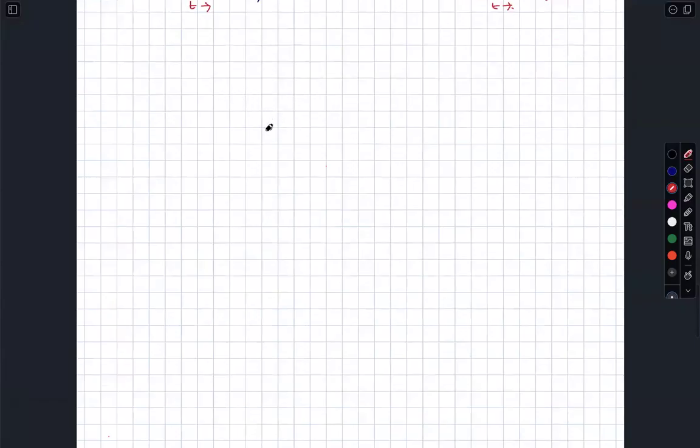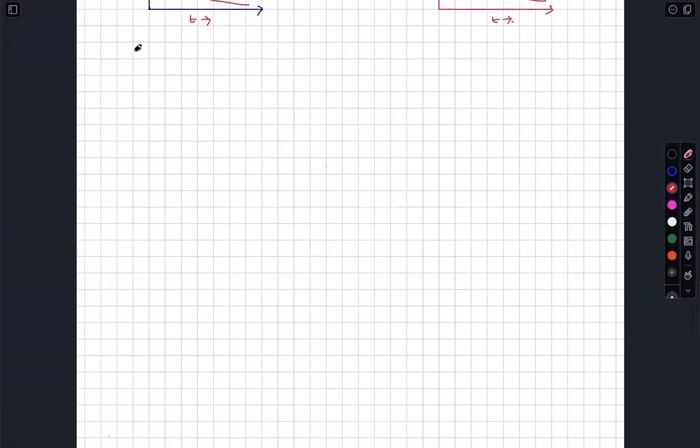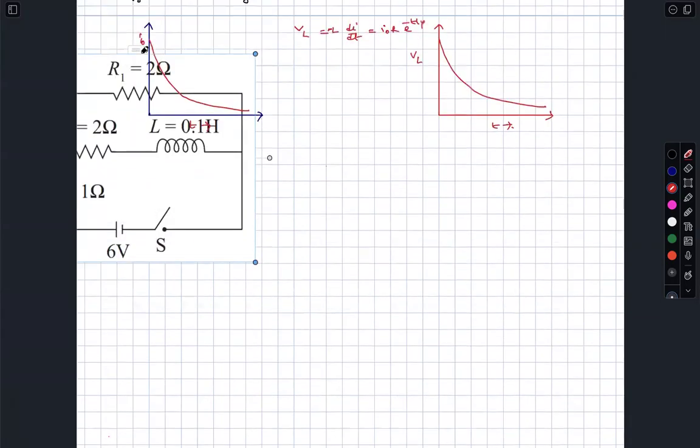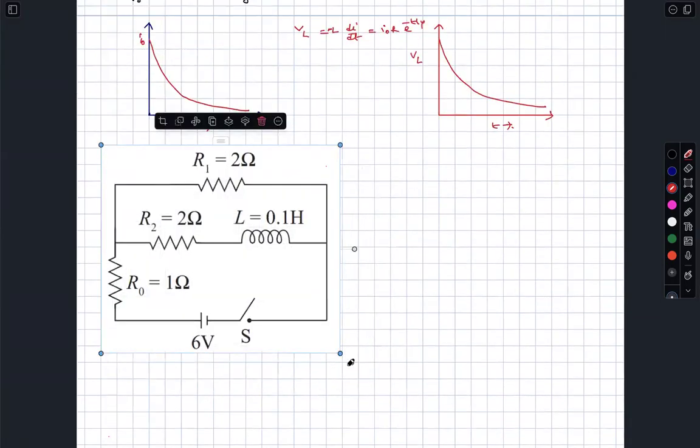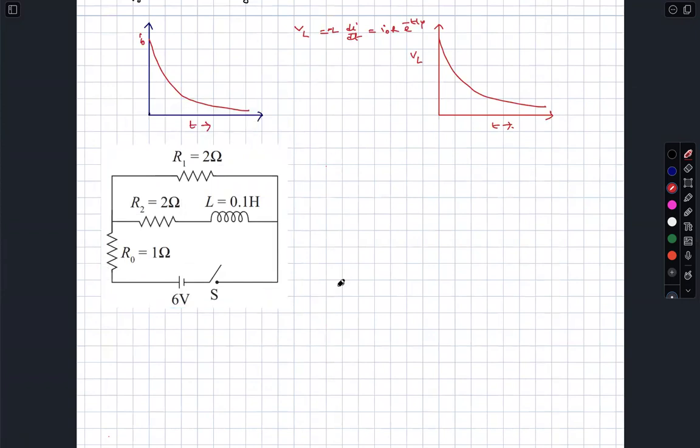I have an arrangement like this. That's a simple circuit. Go through that.